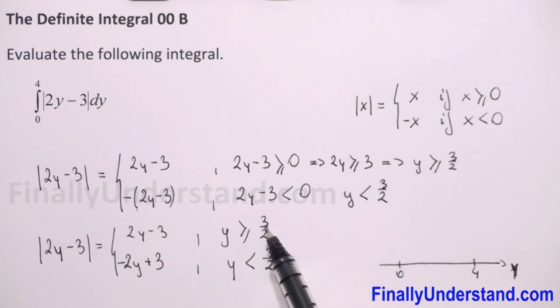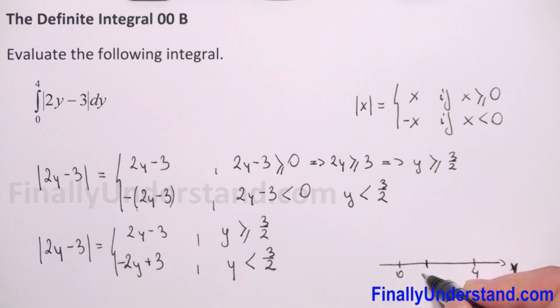So we need to find 3 over 2, which is 1.5 approximately. You can write here 1.5. This is equal to 3 over 2. So we see that we have to divide our interval into two intervals. First is from 0 to 3 over 2, and the second is from 3 over 2 to 4.